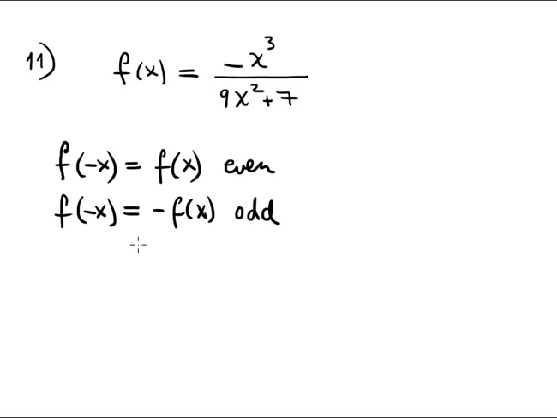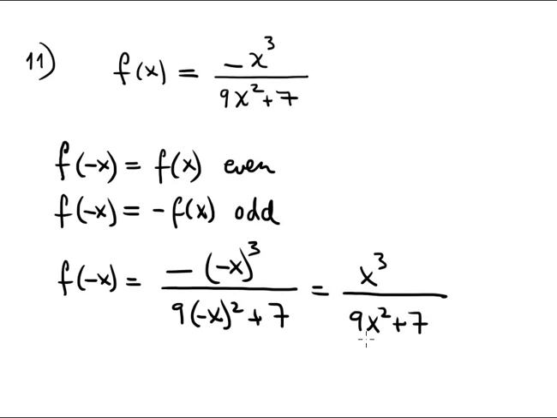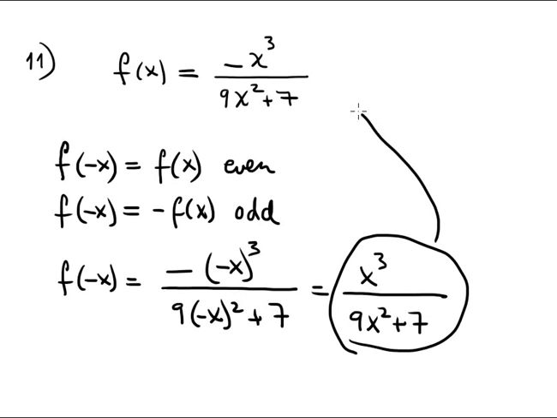Then let's do it. f of negative x is equal to minus negative x cubed over 9 times negative x squared plus 7. Negative x cubed is negative x cubed, with the other negative it becomes positive, over 9x squared plus 7. When you compare this expression and the original, you see that we have opposite sign.